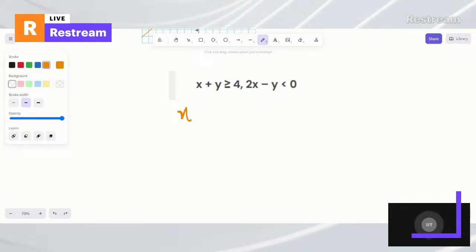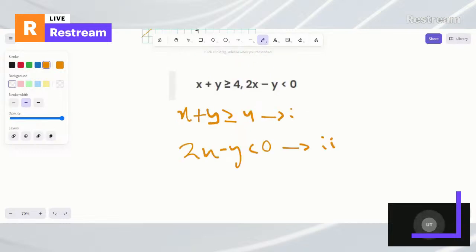I use the simultaneous processes that I taught you the other day. So it's x plus y is greater than 4. This is one equation, and the other equation is 2x minus y is less than 0. This is the second equation.